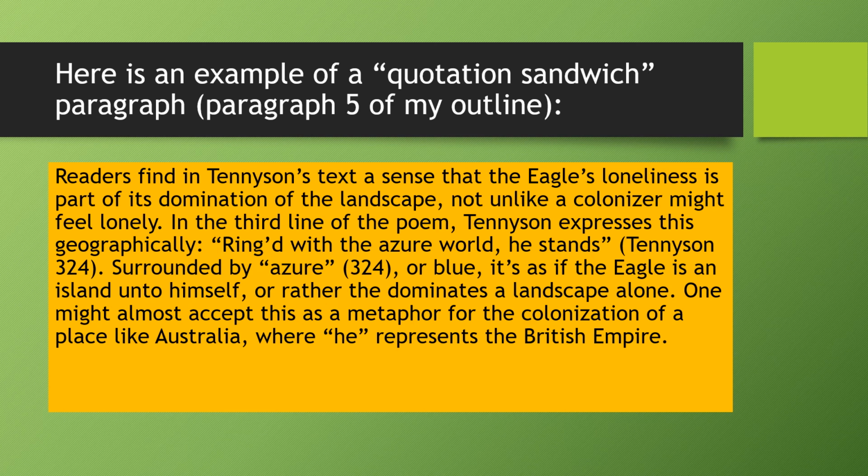He stands alone, surrounded by the ocean. He's the only force there, is what I'm getting at. And this, you see, is not a very long paragraph. It's just a few sentences, but each sentence helps prove my argument. And I apologize for the typo. I would correct this after my rough draft.